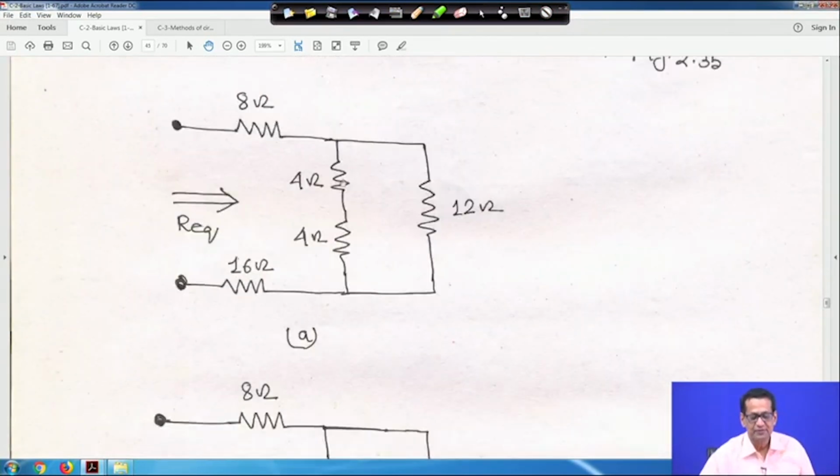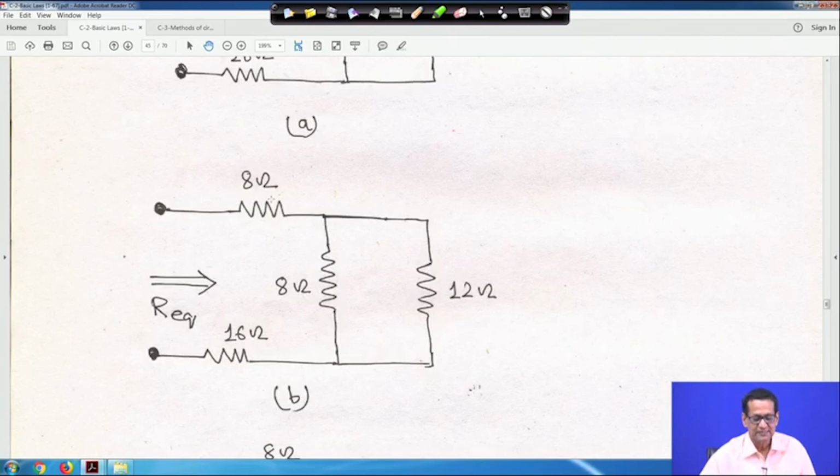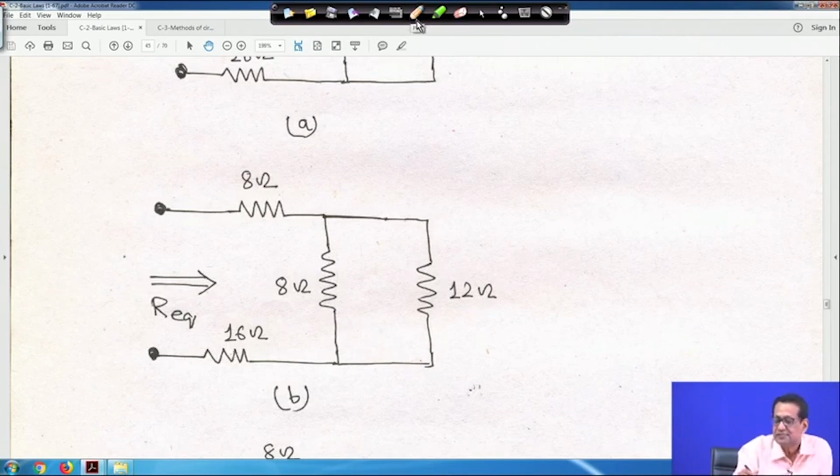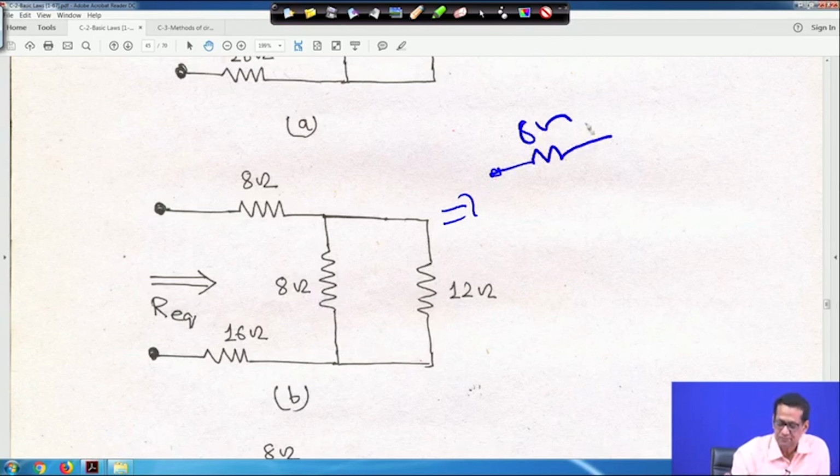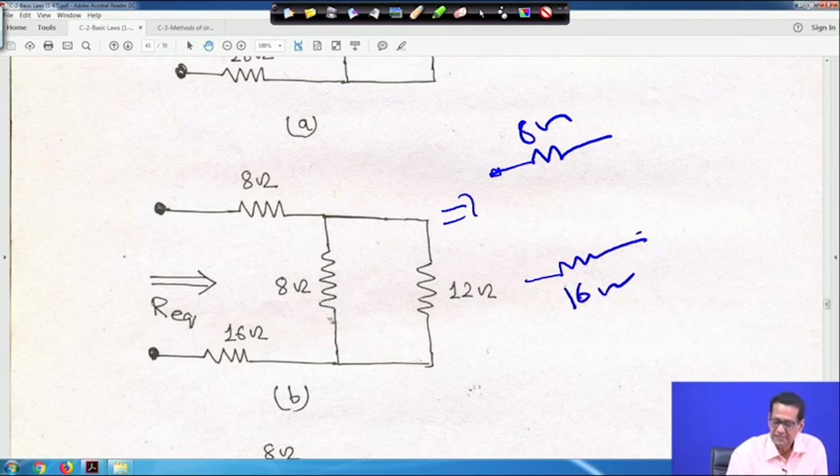So, this is that equivalent 8 ohm, 4 ohm, 4 ohm, and 4 plus 4 are 8, your 8 and 12 are in parallel. So, that is the further simplification, this 8 and 12 are in parallel and 16 ohm, right. So, basically in this equivalent circuit, this is 8 ohm, right, and here it is your 16 ohm, and this 8 and 12 are in parallel, right.